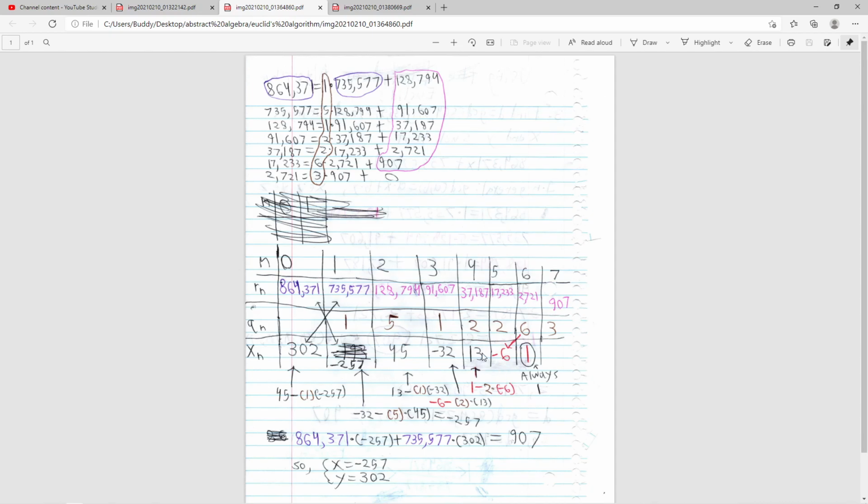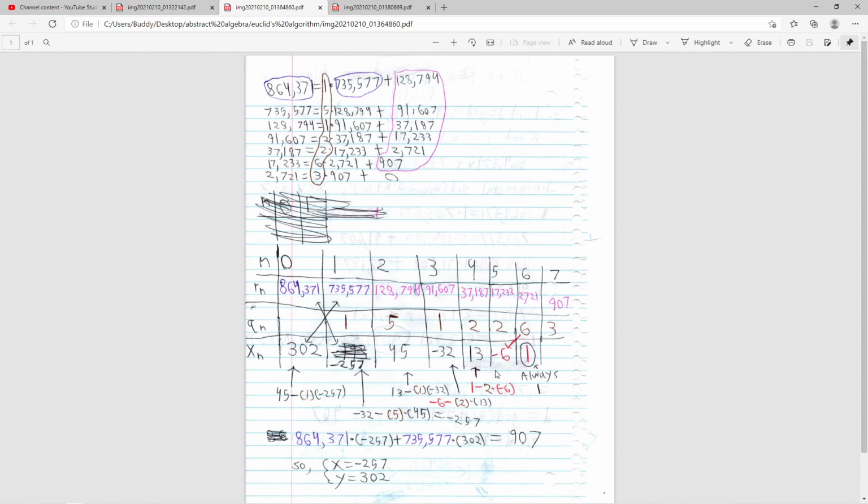Then the next ones all use the same method of calculating. You do 1 minus 2 times negative 6, because 1 is here and then 2 times negative 6, which gives 13. Then negative 6 minus 2 times 13 is negative 32. For this, you go 2 columns over, and then the next column you do that.